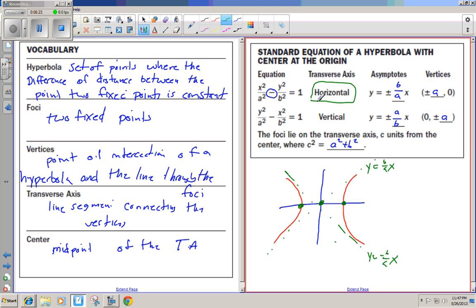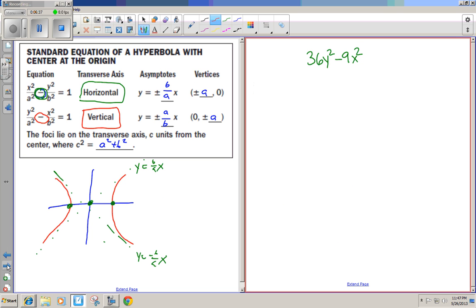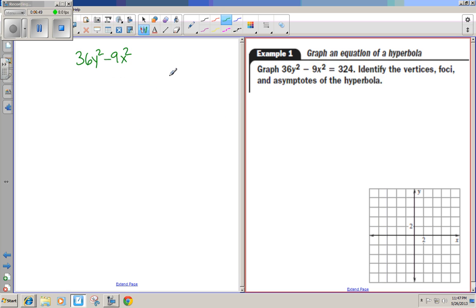You know this is horizontal when the y squared is negative. You know it's vertical when the x squared has the negative sign. So here, the x squared has a negative sign. Therefore, this is a vertical hyperbola, I'm sorry.